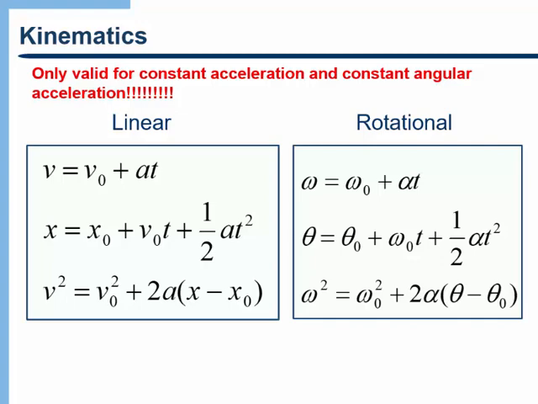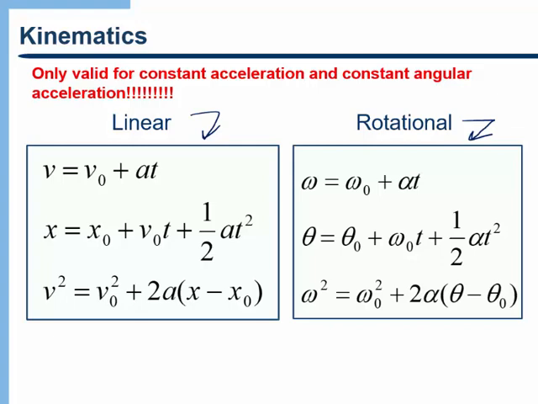So here are our kinematic equations. These are the equations that we derived back at the beginning of the course, and you'll notice that all I've done to come up with the rotational kinematic equations is simply swap the variables. So instead of v is equal to v naught plus at, omega is equal to omega naught plus alpha t. Again, because we defined our basic quantities exactly the same way as we did for linear motion, these rotational kinematic equations must also be true.